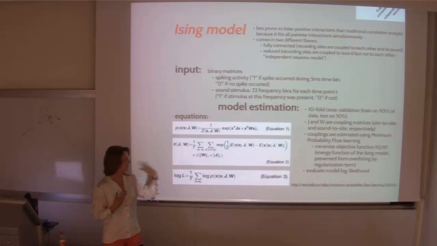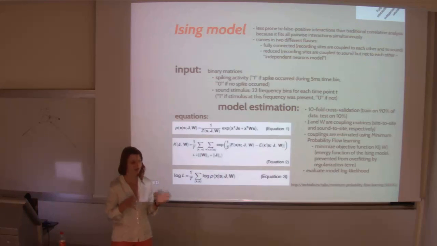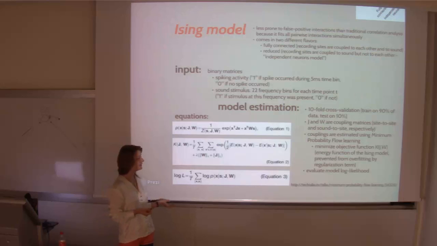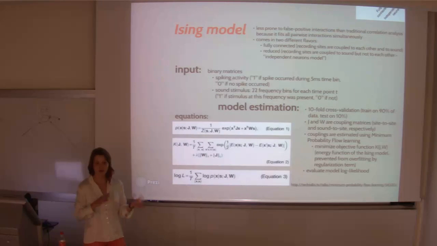And then the nice thing about all these learning models is you can have them learn on just a fraction of your data, like 80%, 90%, and then test how well your model works on the remaining 10%, which is exactly what they did. They evaluated the log likelihood of the model using cross-validation. So you basically just do this a bunch of times.